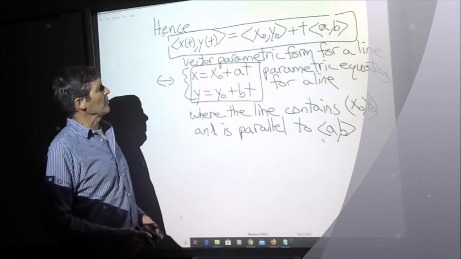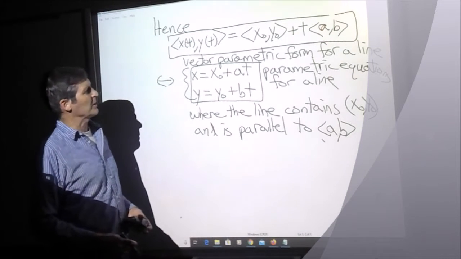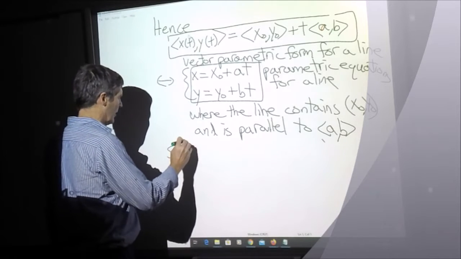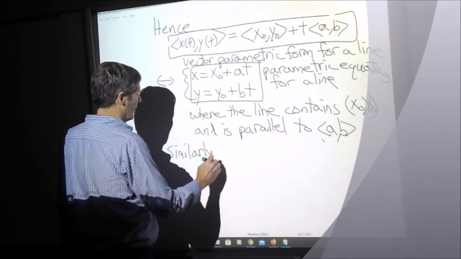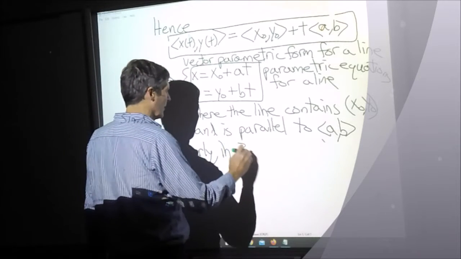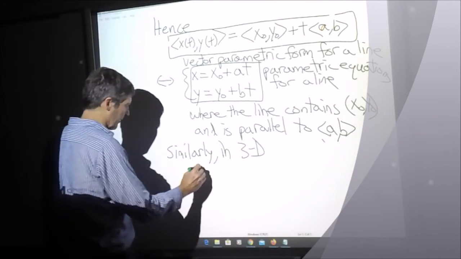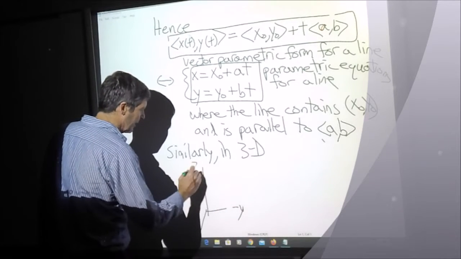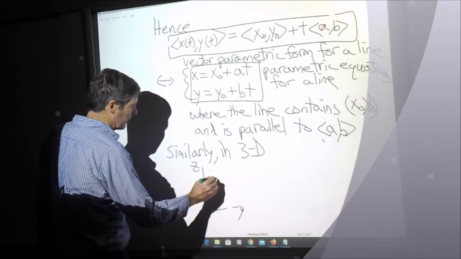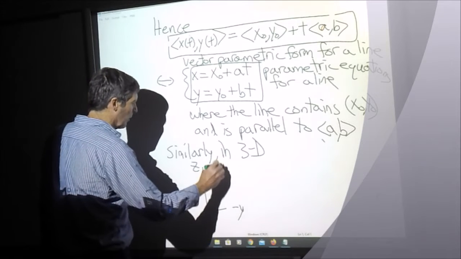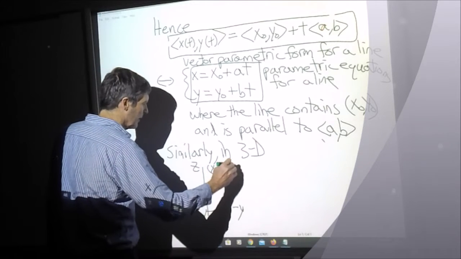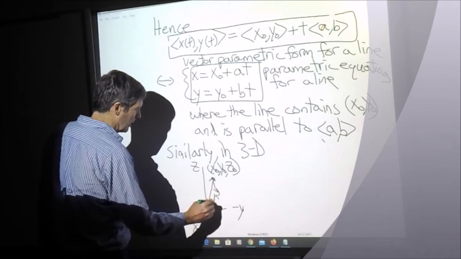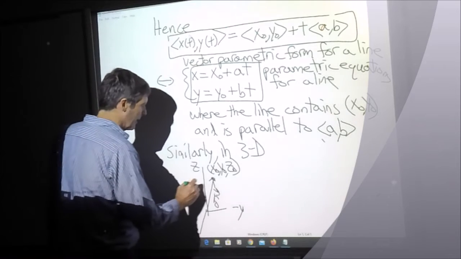That's no big deal in the plane because you could have written y equals mx plus b form instead, but we'll now say similarly in 3 space, 3 Euclidean dimensions. We can draw the same kind of picture. Here's x, y, and z. And if we want to sweep out a line, now we can take a point x0, y0, z0 with r0, the vector to that point.